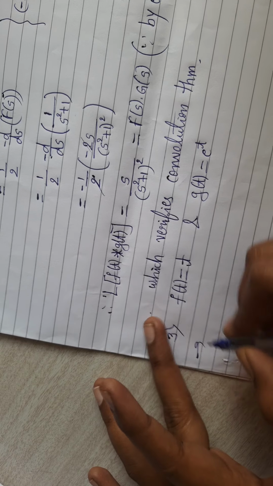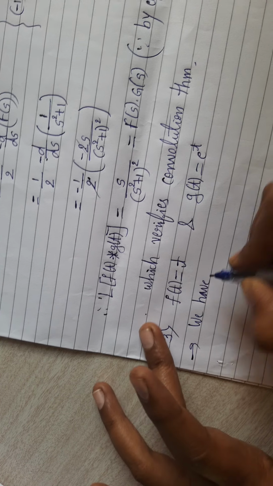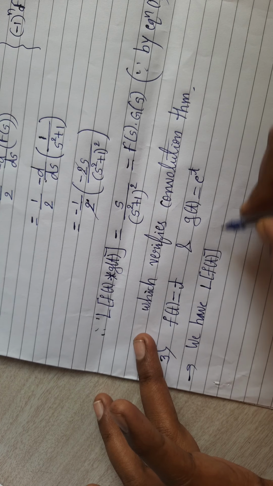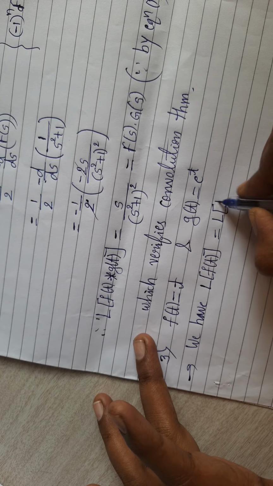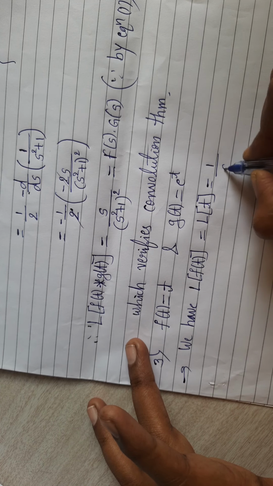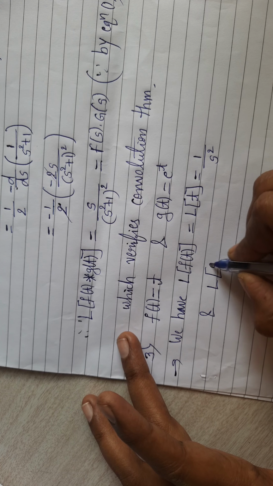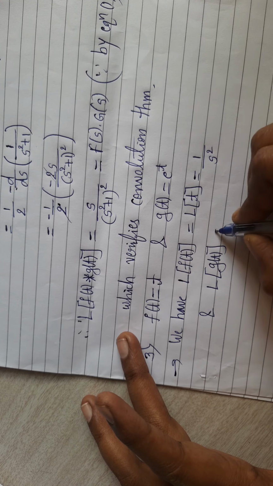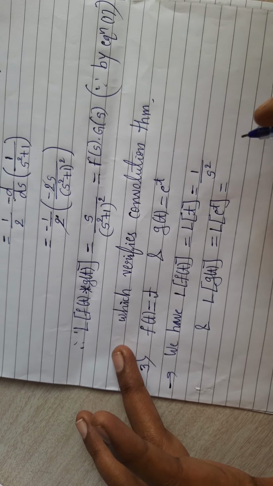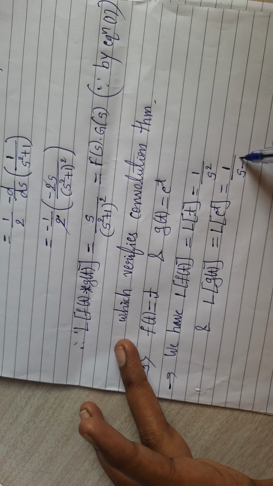So first we have L of f of t, that is L of t, which is 1 divided by s square, and L of g of t, that is L of e to the power t, this is also standard, it is 1 divided by s minus 1.